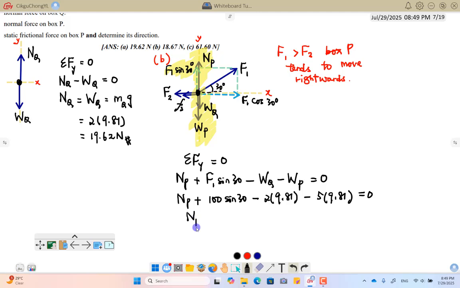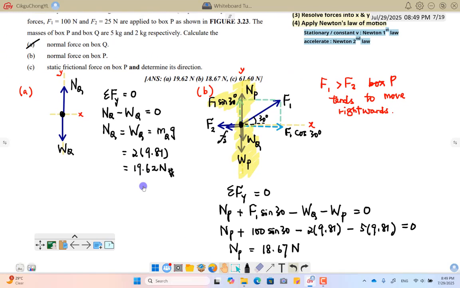Then I can solve for NP. So the normal force on box P will be 18.67 Newton. Okay, done with question B.